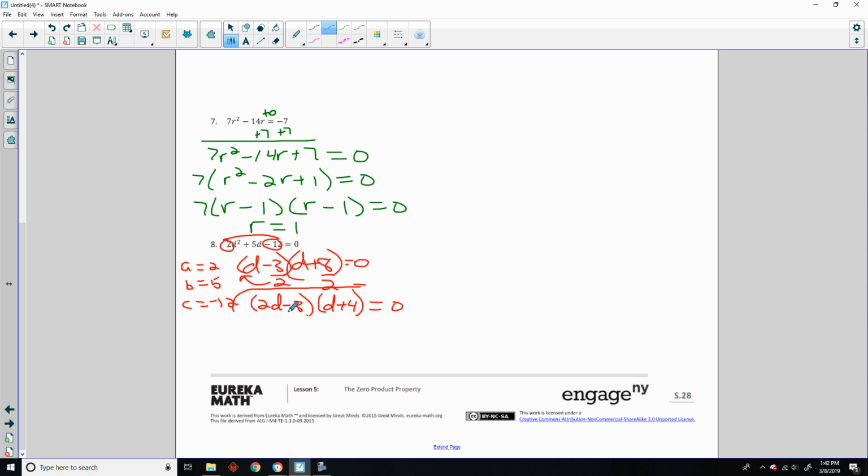Now remember what I said. In order to do this quickly, you can do it algebraically if you're not comfortable. Set each one equal to 0. Let's just do that for now. And solve for the variable.